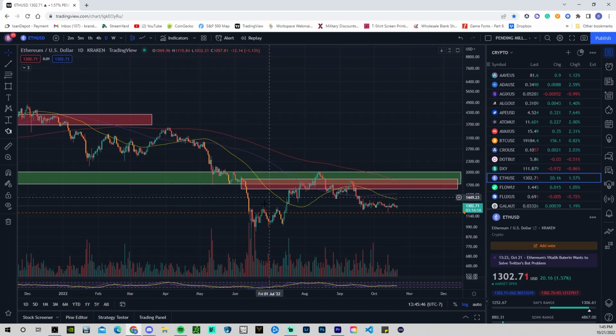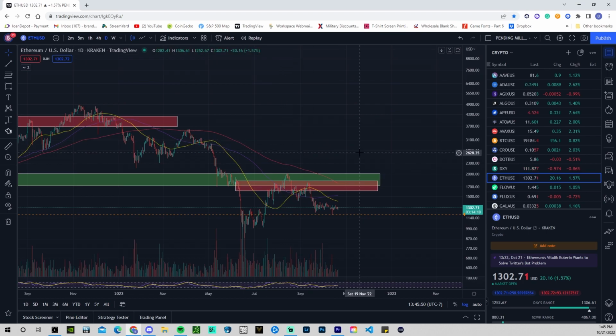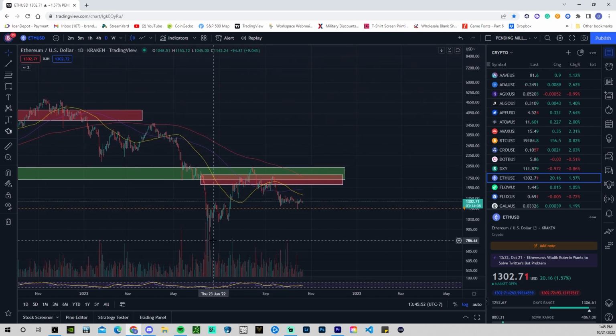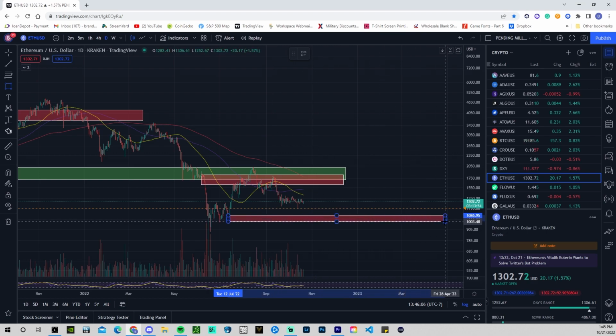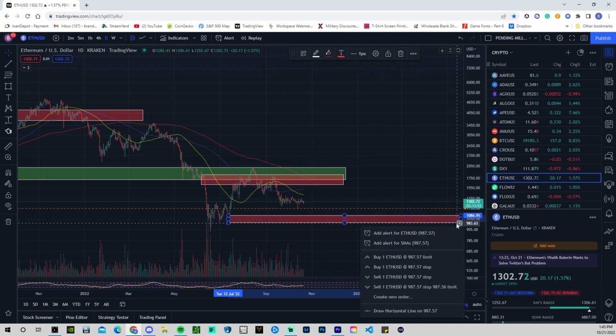Now, as we scooch over further into the chart to today's trading, we see that we have a heavy supply zone. We have a harsh sell-off here, confluence. We have a demand zone. You see that? A big demand zone. Let's map that out. If I was to put this on a week, I'd be mapping out this whole area right here.